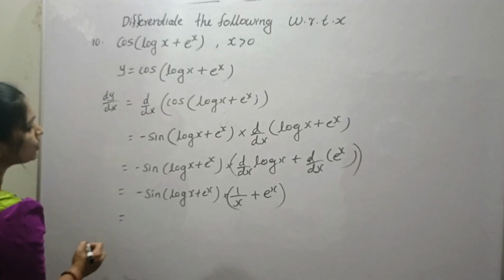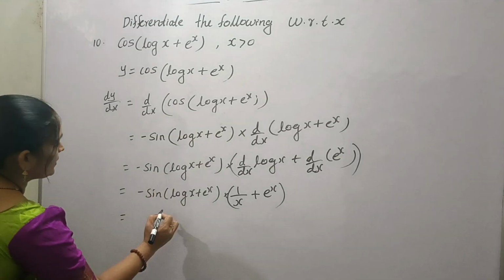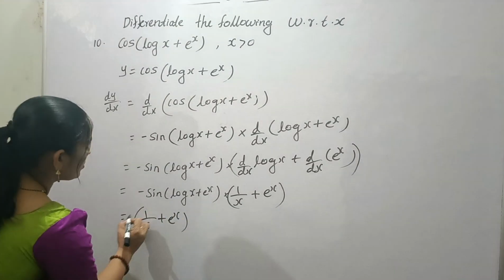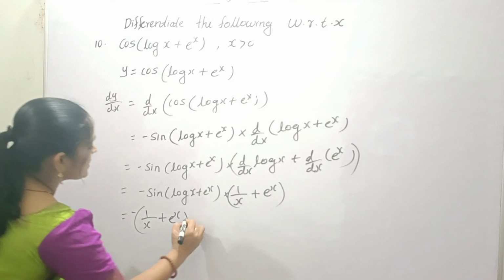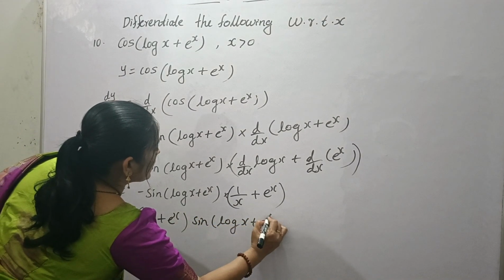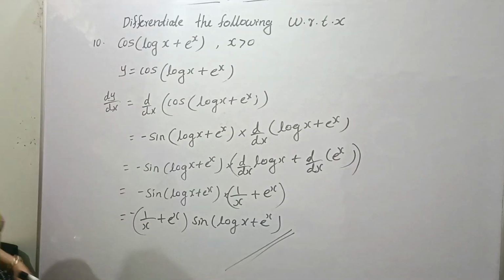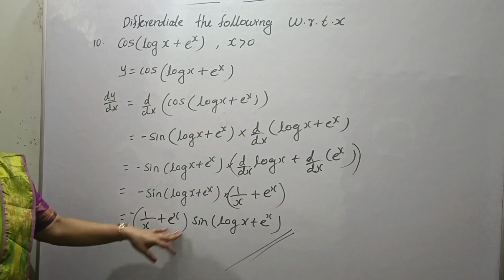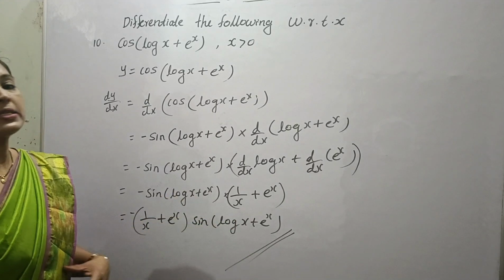That is minus of 1 by x plus e raised to x into sin of log x plus e raised to x.